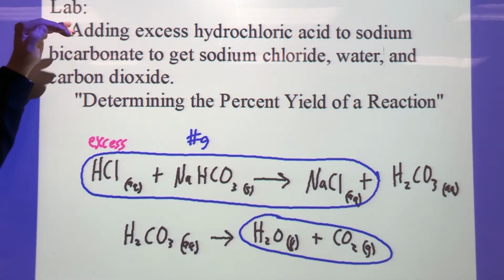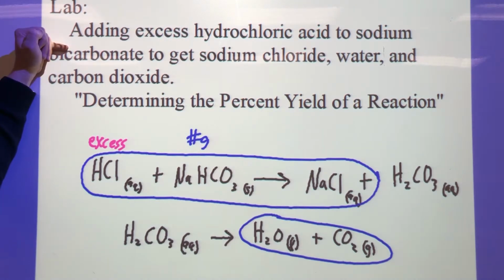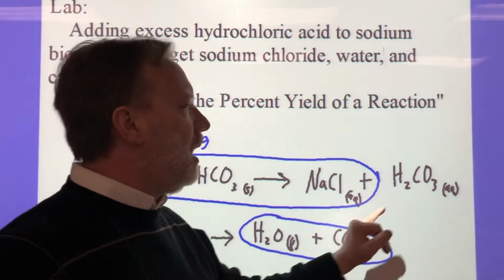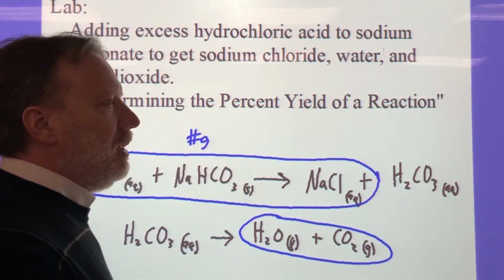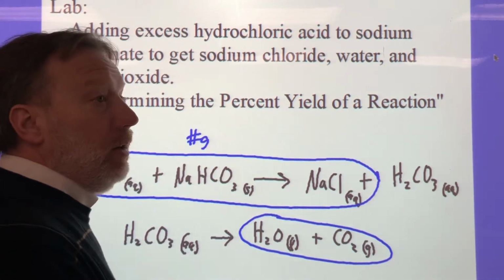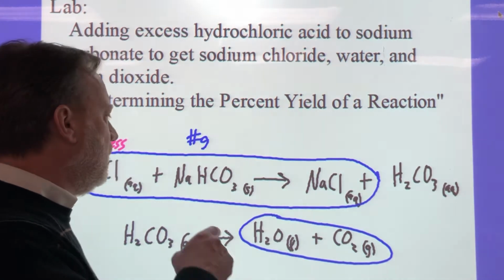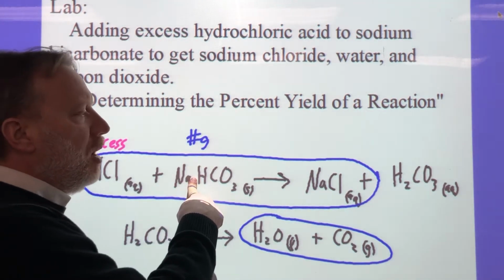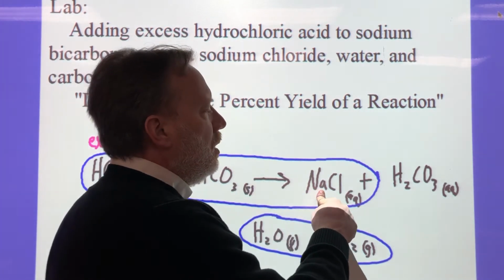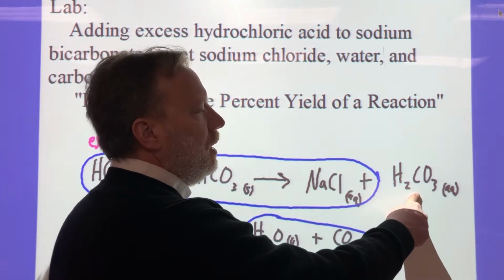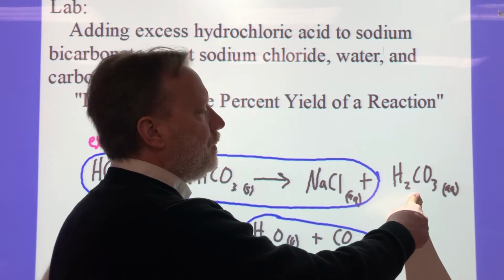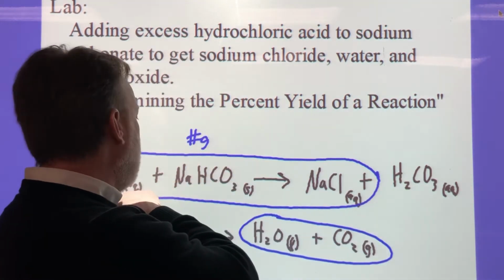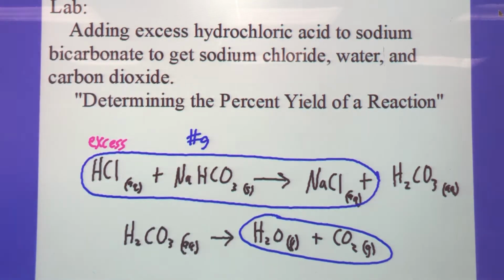Okay, so we are adding excess hydrochloric acid to sodium bicarbonate to get sodium chloride, water, and carbon dioxide. So we're basically manufacturing salt water chemically, is what we're doing. So if you put hydrochloric acid with baking soda, sodium bicarbonate, you'll get sodium chloride and hydrogen carbonate. You could say if you do this, you've got a double replacement reaction.